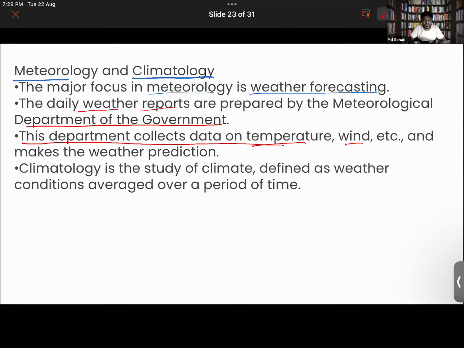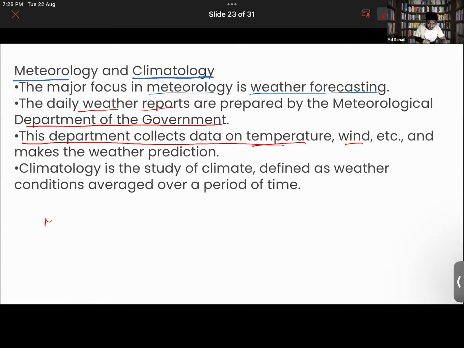As compared to the meteorology department, what would be the data collected by the climatology department? Can you say it again?